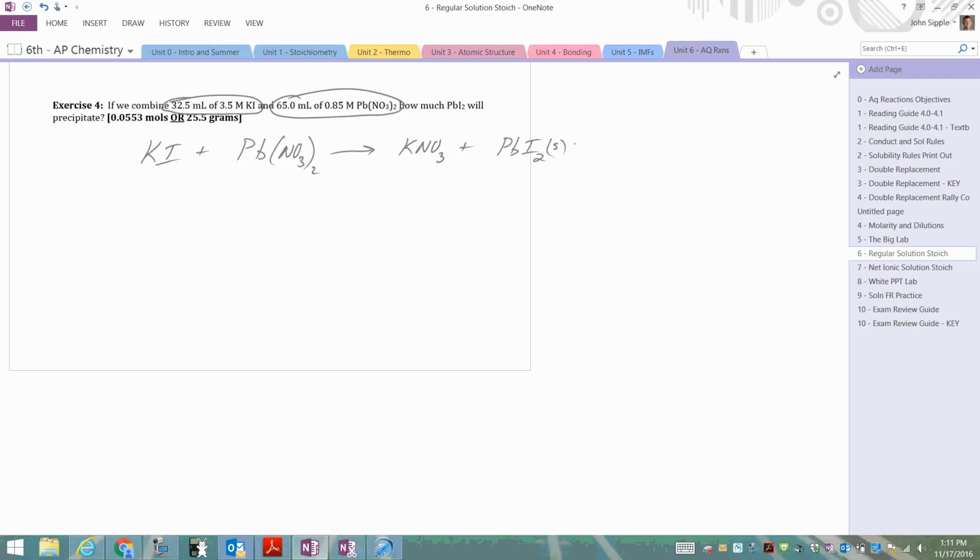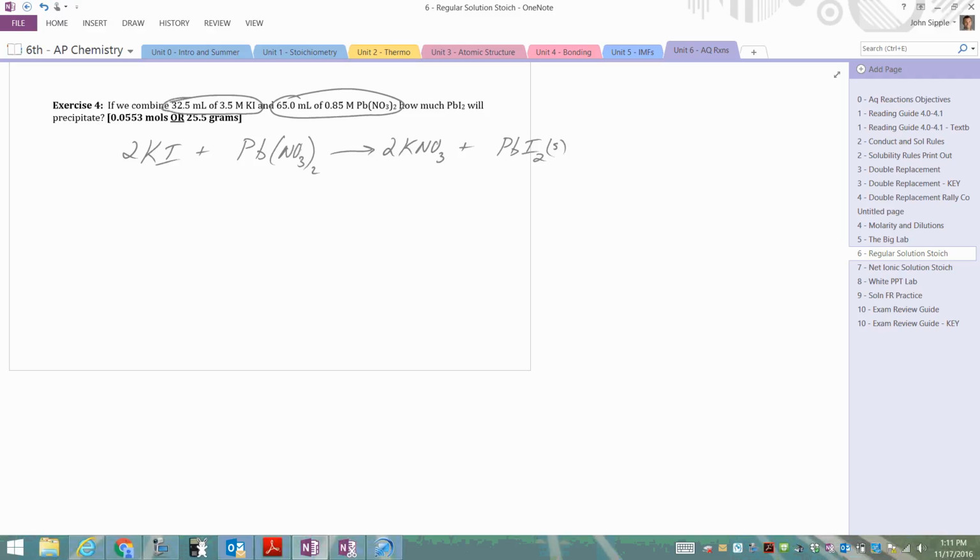All right. Is it balanced? Or what do I need to do to balance it? Okay, very good. Okay, and they just want to know how much PbI2 will precipitate.